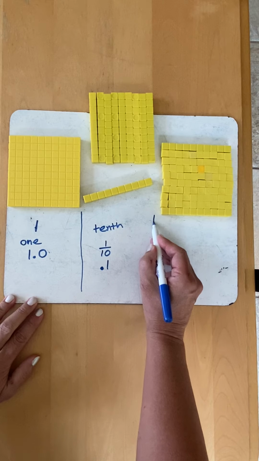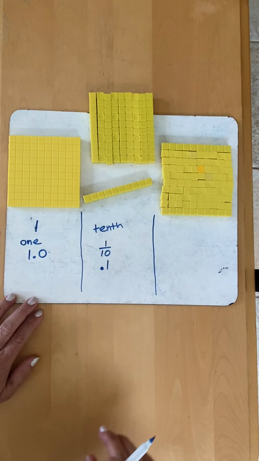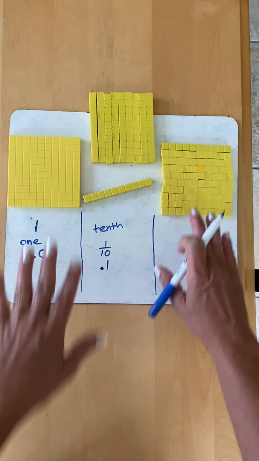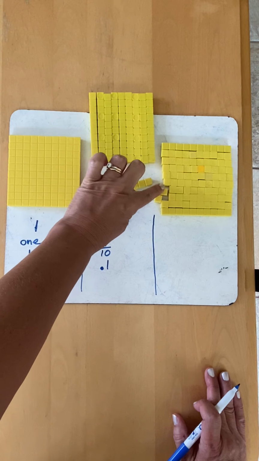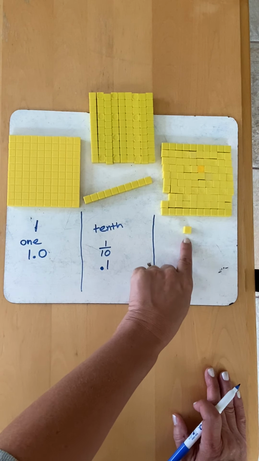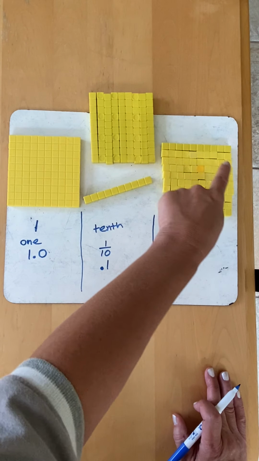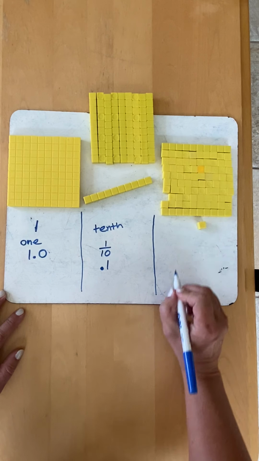Then I can look at this next one over here. When we look at all these pieces together, what we see is this whole over here. But if we just take one of these out and ask how many of these little pieces does it take to make this whole? It takes 100.